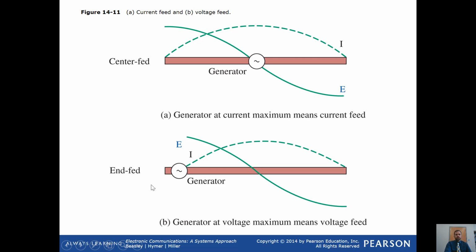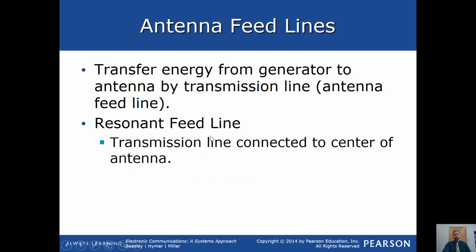That's called end fed because it falls at the end of the current wave, whereas this falls at the maximum current. That's called center fed because that's what the current looks like at the generating source.